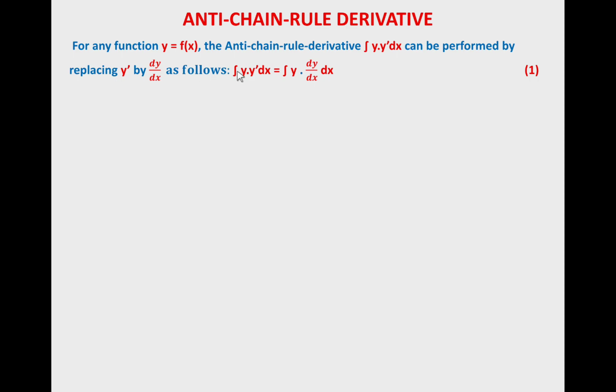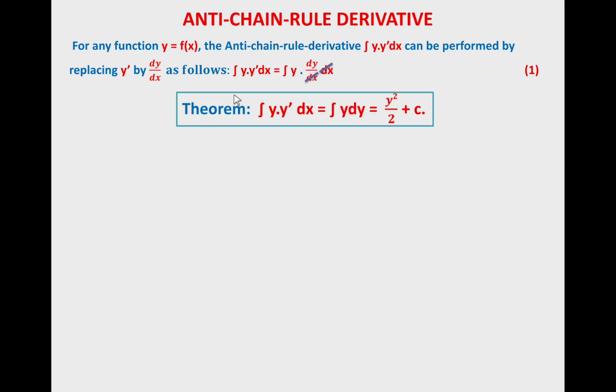So instead of integration of y multiplied by y prime dx, we're going to use integration of y multiplied by dy by dx. Now we have dx in the numerator and dx in the denominator. We could just cancel these two and we will end up having integration of y dy.